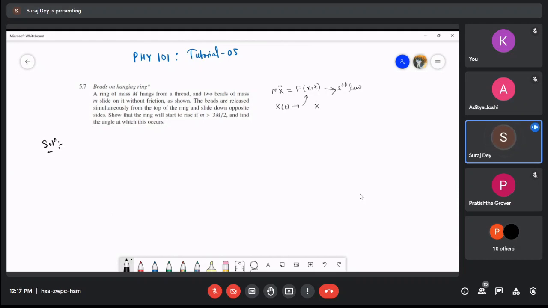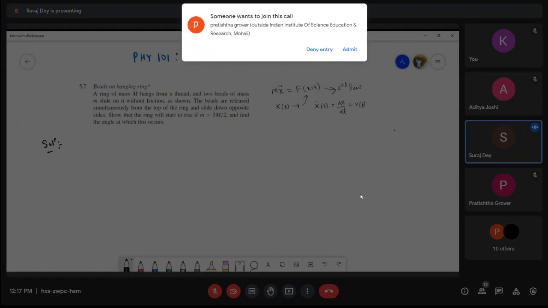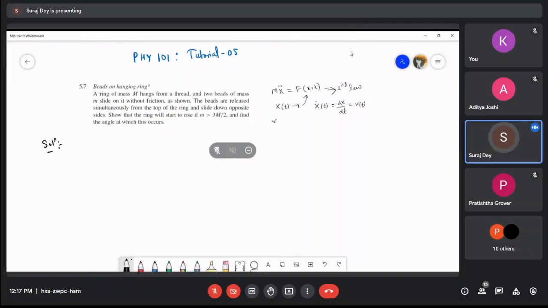You also may be interested in the velocity, so x dot, which is dx/dt, is the velocity. And to solve the second order differential equation, you will need initial conditions too. So you supply some initial position and some initial velocity.